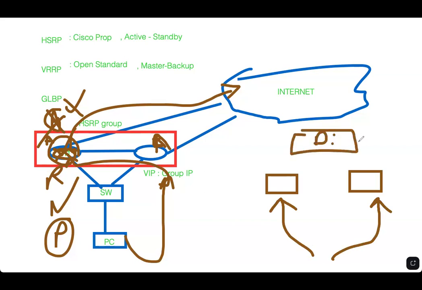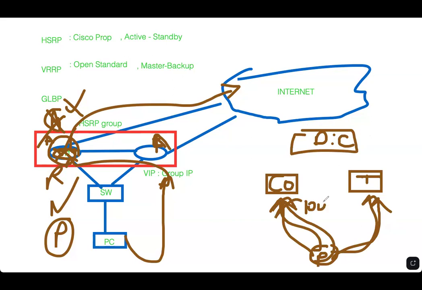Let's say you want to go to Chicago. So from here, you have path 1 via Conway, and you have another path via Tennessee. Going via Conway, let's say it costs you like $100, but going via Tennessee will cost you $200. So we have active users going on Conway because it has the lower cost.